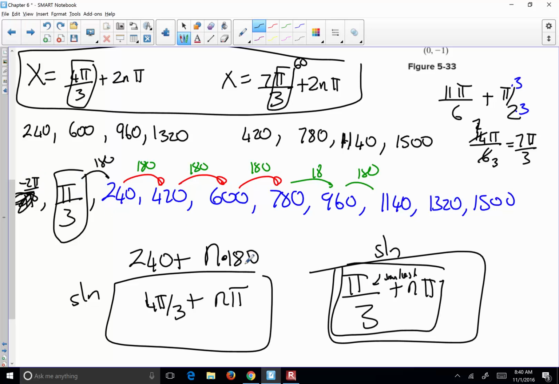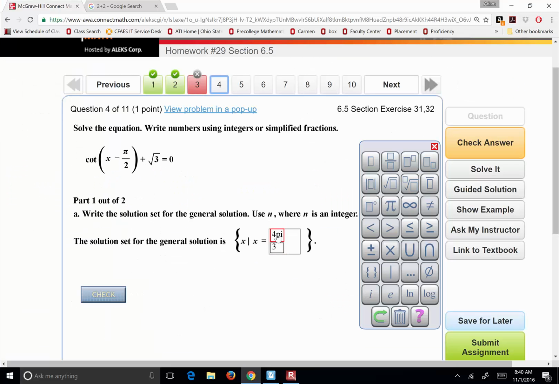This is negative. So I will enter pi over 3 instead of 4 pi over 3. In the directions we don't see that, but I'm just going with the mathematical conventions, traditions. We always go with the smallest positive angle, and start increasing it at 2 pi or pi, whatever the period of increase is.